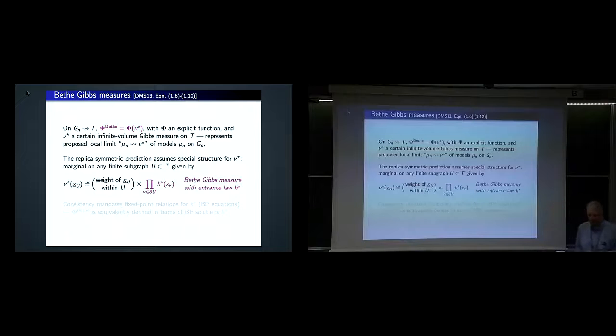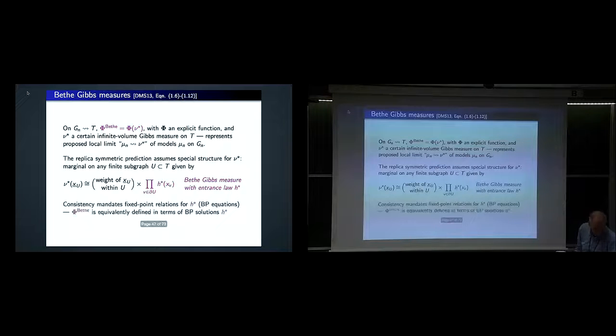Now I have a restriction, and the restriction I have is a self-consistency restriction, meaning this in principle should work for every u. So I can take a big u, let's say a size 3 neighborhood, and collapse to a size 2 neighborhood, and collapse to a size 1 neighborhood. And if I do that, I will get that there is a certain fixed point equation, some non-linear equation that this h star has to satisfy, and I should only look at these fixed points.